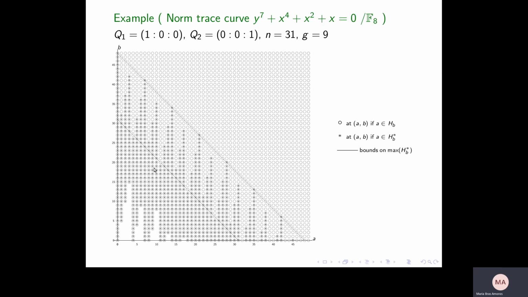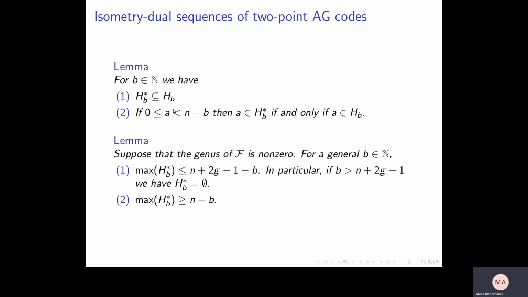Another thing that we can observe is that for each horizontal line the maximum star is attained between the lower diagonal and the upper diagonal. This is exactly what we stated in these lemmas.